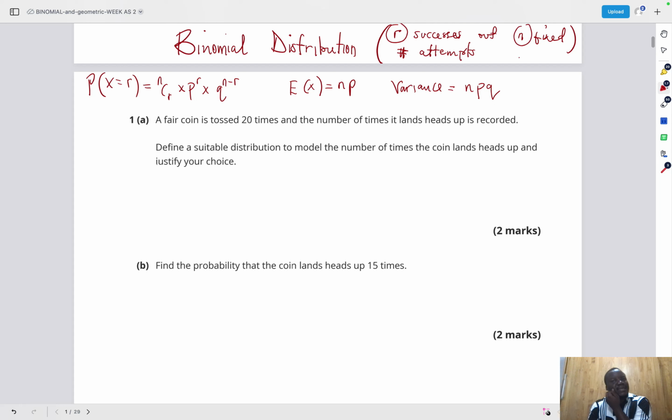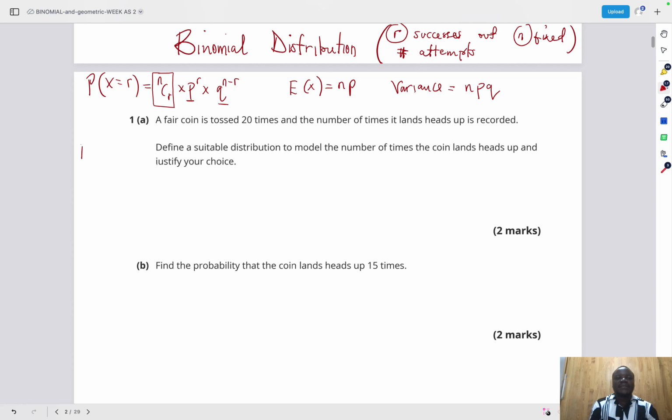You will then realize that this is not the case when we talk about geometric distribution, but this video is not to talk about geometric distribution. Now, because it is binomial, the binomial coefficient plays a part. So you must be picking your binomial probability using the binomial coefficient that we looked at in pure mathematics 1, n choose R. Then the P here talks about the probability of success, and then the Q here talks about the probability of failure.